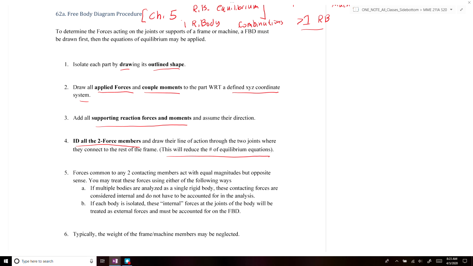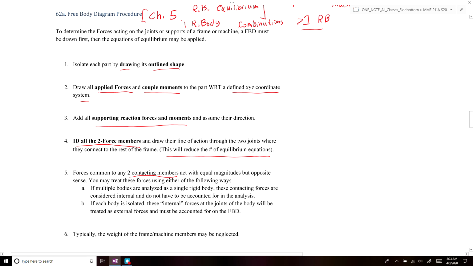So oftentimes they will share forces at those contacts. If you have any two contacting members, whether they're contacting through a pin or a roller or any other joint, or they could be fixed to each other, the forces that contact both of them will be equal and opposite.